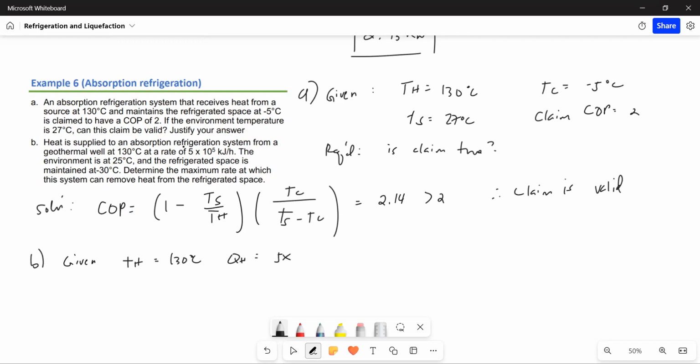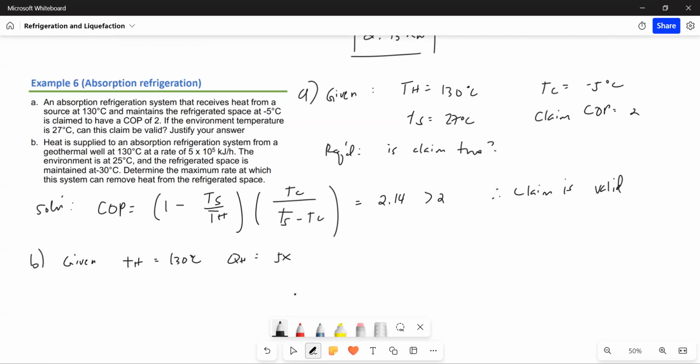Heat is supplied to an absorption refrigeration system from a geothermal well at 130 degrees Celsius at a rate of 5 times 10 to the 5 kilojoules per hour. The environment is at 25 degrees Celsius and the refrigerated space is maintained at negative 30 degrees Celsius. Determine the maximum rate at which the system can remove heat from the refrigerated space.